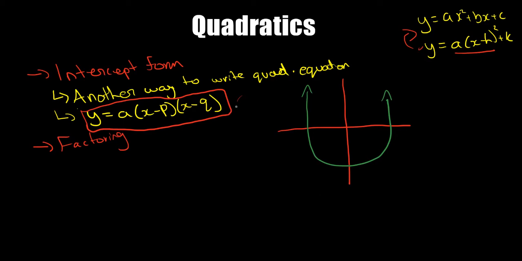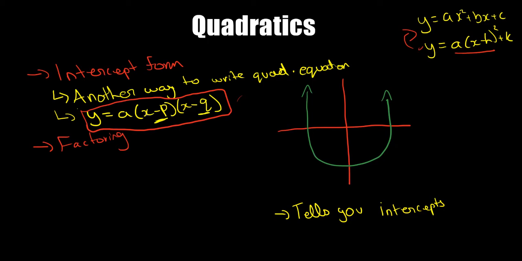The first thing it tells you is, as you might have guessed, your intercepts, and your intercepts are represented by the points (p, 0) and (q, 0).